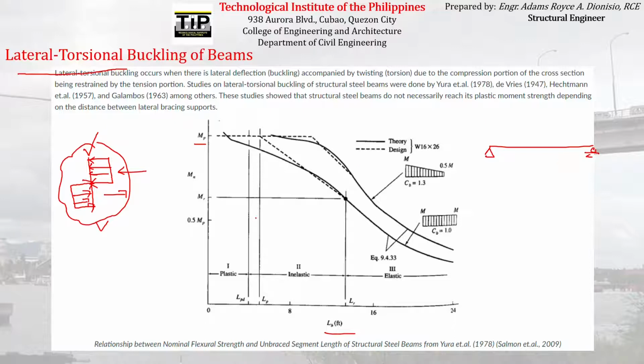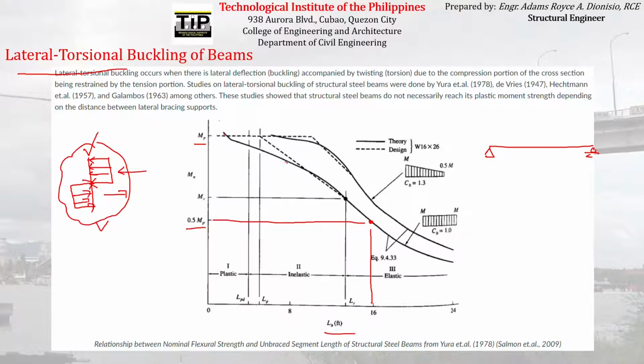According to the graph, as you increase the unbraced length, the moment capacity of the steel beam decreases. For example, at this particular point the unbraced length is equal to this, and the corresponding moment capacity according to the graph is just half of the plastic moment.